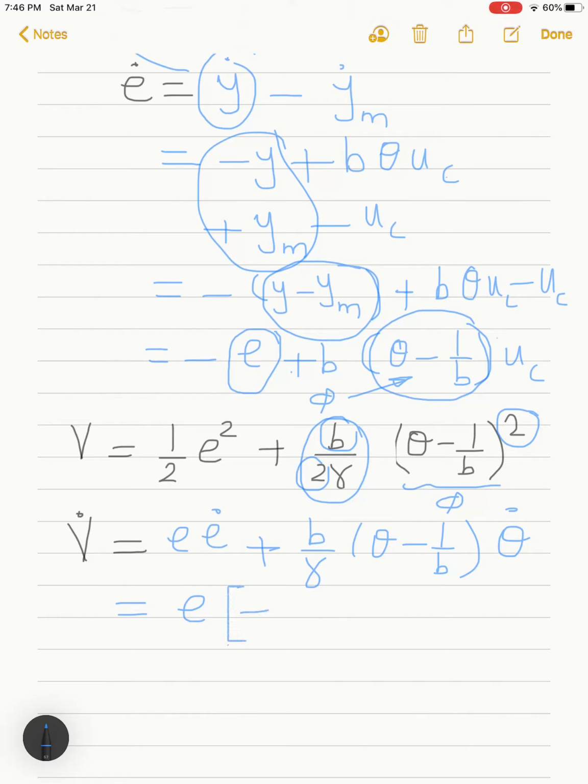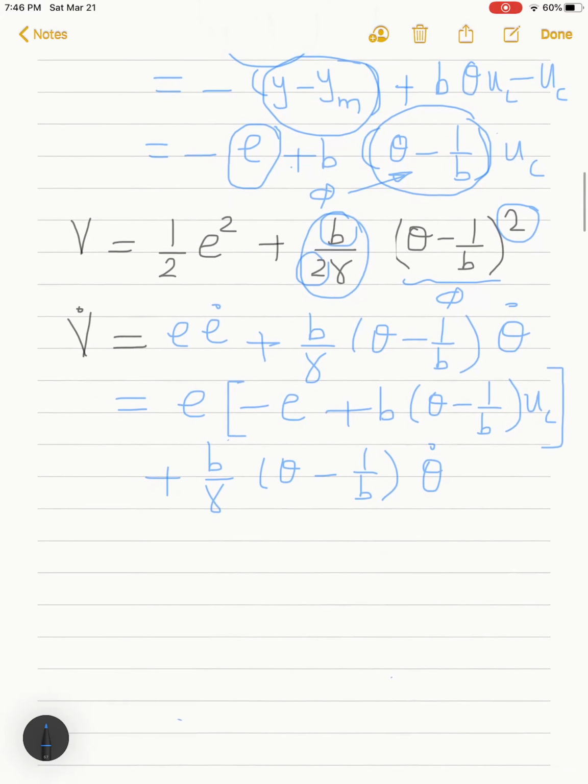So we have minus E plus B times theta minus 1 over B times UC. This is E dot plus B over gamma theta minus 1 over B times theta dot. And we can write this as minus E squared plus, I will take as a common factor B times theta minus 1 over B.